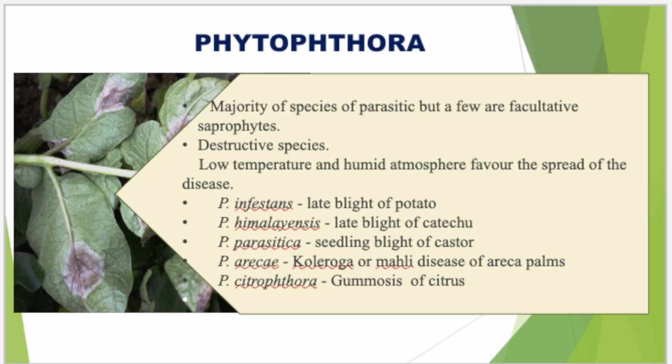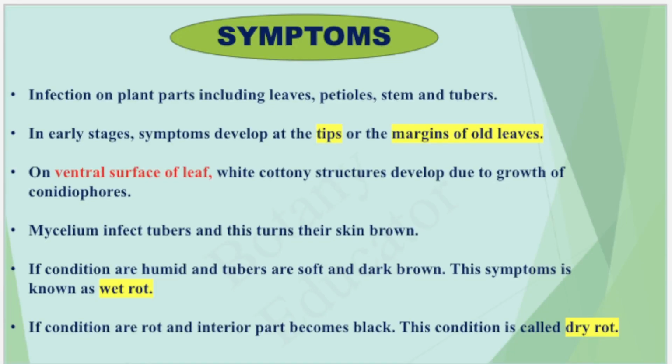Then we are talking of the main plant, that is Phytophthora. What is Phytophthora all about? It's a parasitic plant. Now we'll talk of symptoms. Symptoms are visible observations on host parts like leaves, petioles, stem, and tubers.